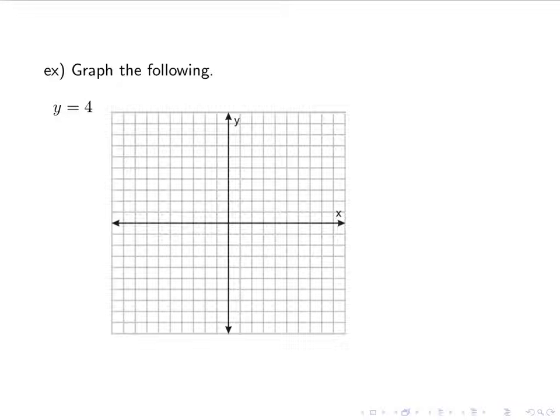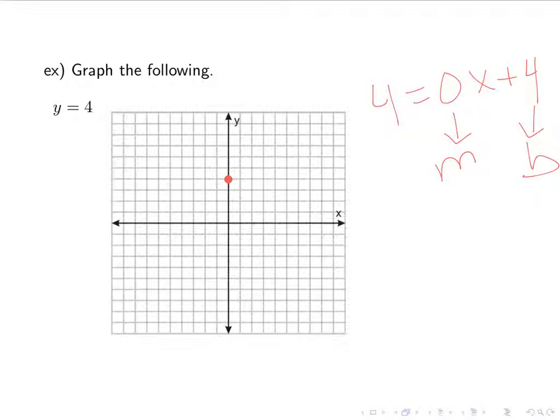Y equals 4. Okay, so we can always write 4 as 0x plus 4. So slope is 0, and 4 is my y-intercept. So again, I'm going to start by plotting my y-intercept, which is 4. 1, 2, 3, 4.